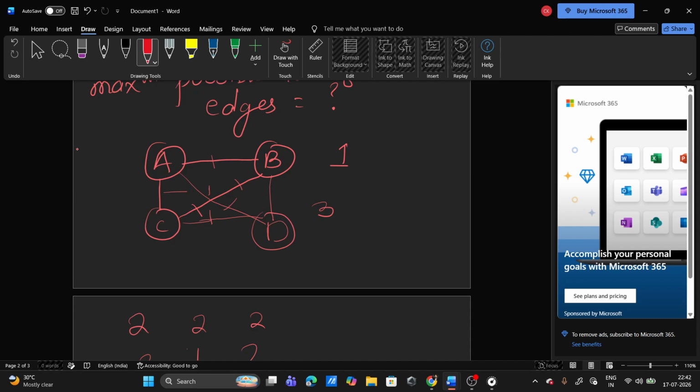Here also we had four vertices, and therefore we had a total of six edges. So the maximum number of edges possible in this question would be six.